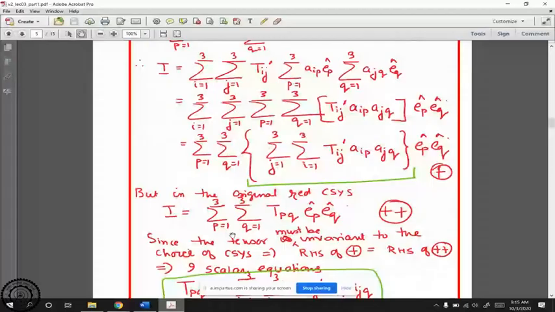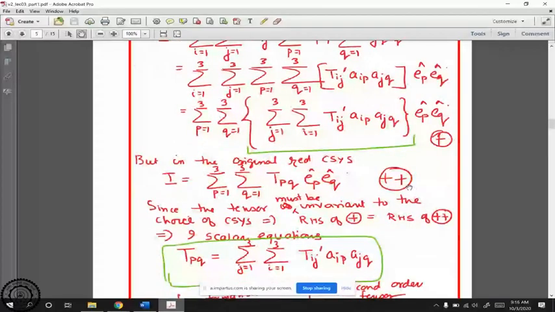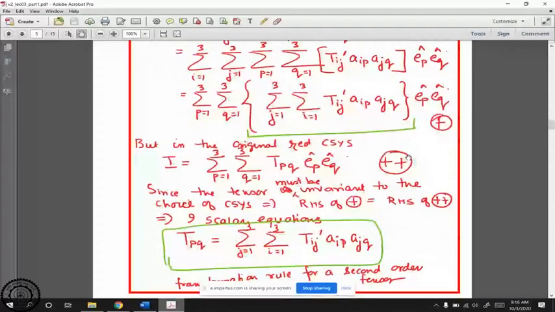I can write this in terms of I and J also here, but I am trying to relate this expression to this expression. Since this has EPEQ, I have deliberately chosen to write T in the original red coordinate system as a summation over PQ. It helps me in that now if you compare the two expressions, and they have to represent the same second order tensor T, then you can match them and extract 9 scalar equations.